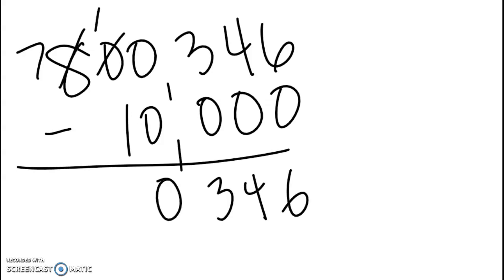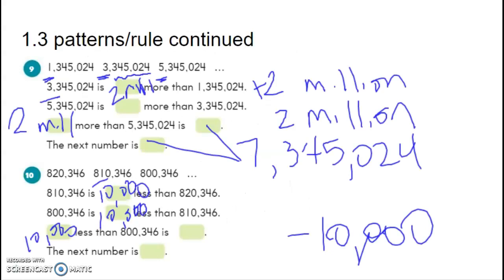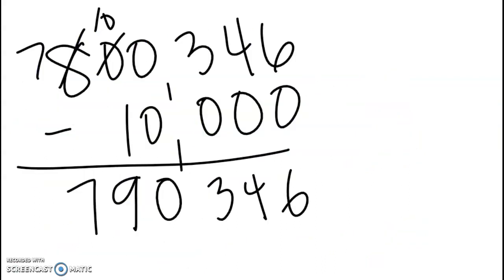So this is when I have to borrow, say 790. Think about it: if I have $800 and I take away 10, I'm going to have 790 left. Just like if you have 100 and you take away 10, you're going to have 90. So our next number would be 790,346.